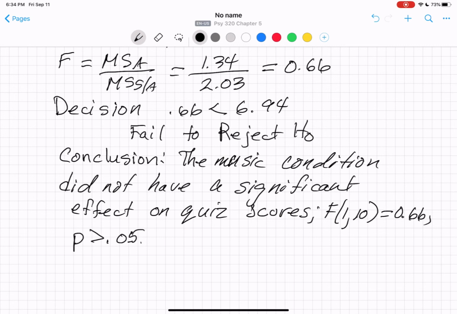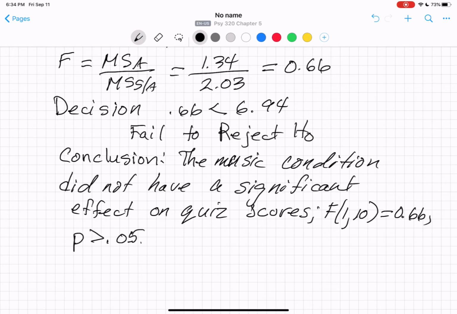Okay, so remember, when you fail to reject the null hypothesis, this means there's no evidence or not enough evidence that we have a treatment effect. Okay, so whether or not people studied listening to classical music or not listening to music, it didn't have an effect on how they did on the quiz.